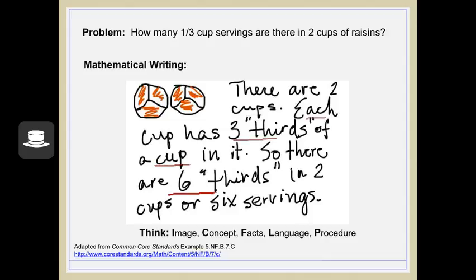So there are 6/3 in 2 cups, or 6 servings. You'll see once again images, concepts expressed right here, facts in the multiply. The language is very clearly expressed how the thinking is going here, and the procedure is very meaningful if they can carry it out with this level of understanding.